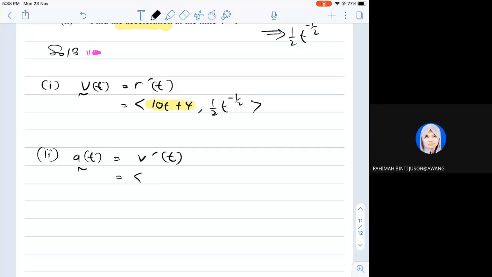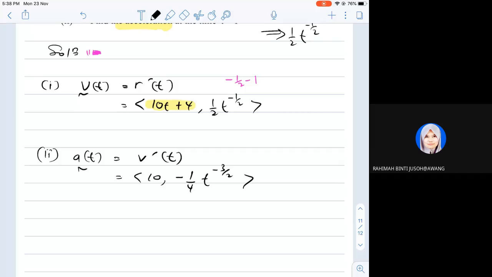So we will get 10 and then 1/2 t to the power of half ni jadi apa? Negative 1/4 t to the power of negative 3/2, negative 1/2 minus 1. Well done. Negative 3/2, like this.